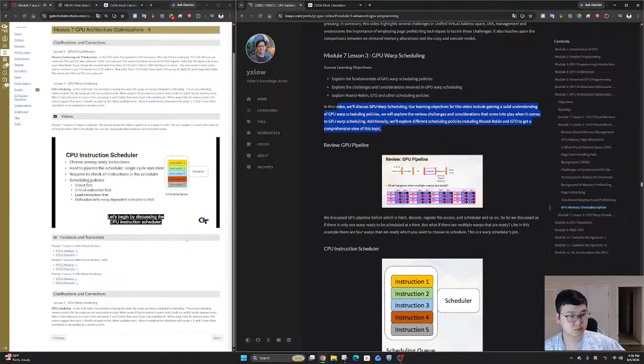Let's begin by discussing the CPU instruction scheduler. In the context of CPU instruction scheduling, it selects from the available ready instructions. This process involves examining all instructions in the scheduler, especially those that cannot be divided into multiple cycles.